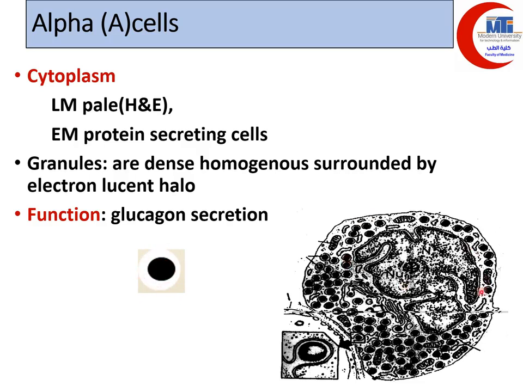These granules contain the secretion of these cells, which is glucagon hormone. This glucagon hormone increases the blood sugar level. So alpha cells secrete glucagon hormone, which increases blood sugar level.